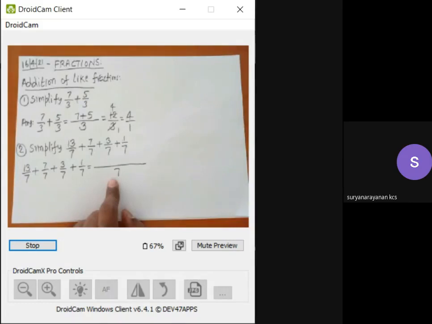Can you tell me, Jesslyn, in the numerator, what will you write here? Jesslyn, can you tell me? Sir, can I? Just wait, my dear Bibina, just wait. Can you tell me, Jesslyn?